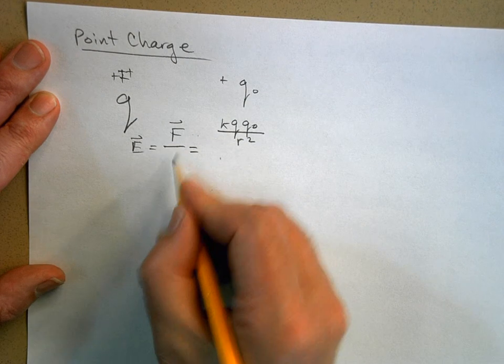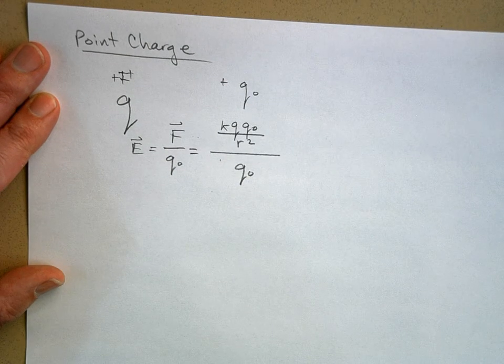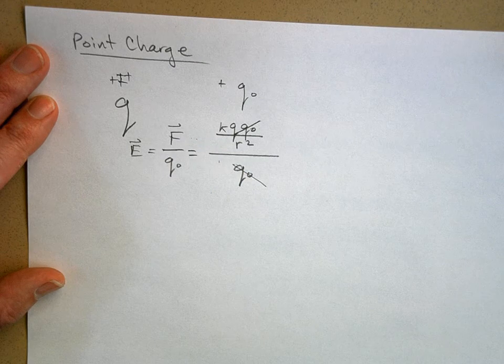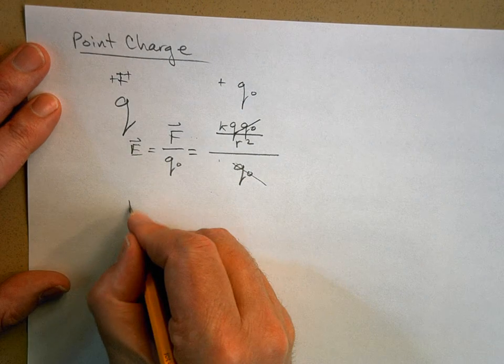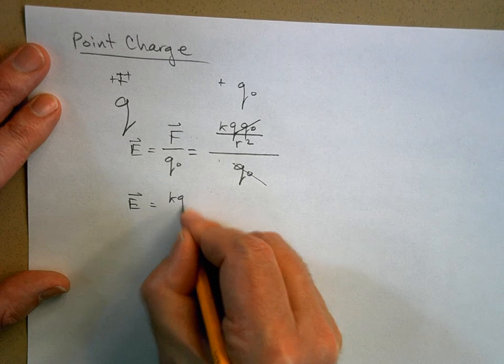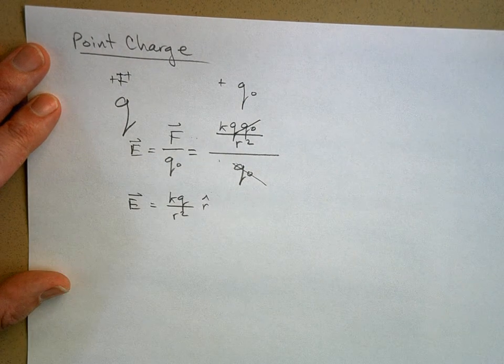So I have to divide by Q naught. This is why it doesn't matter what Q naught is, because look, it cancels out. And so I can say the electric field for a point charge is equal to KQ over R squared in the away from direction.